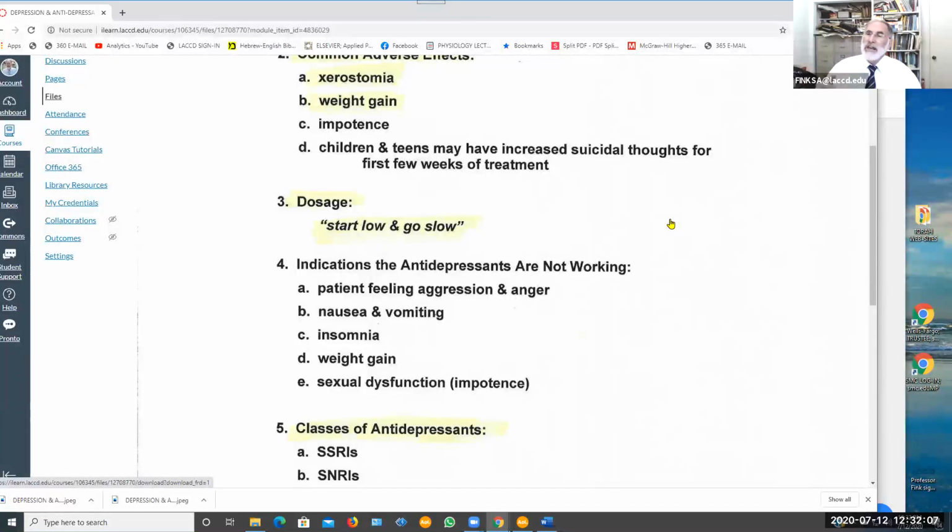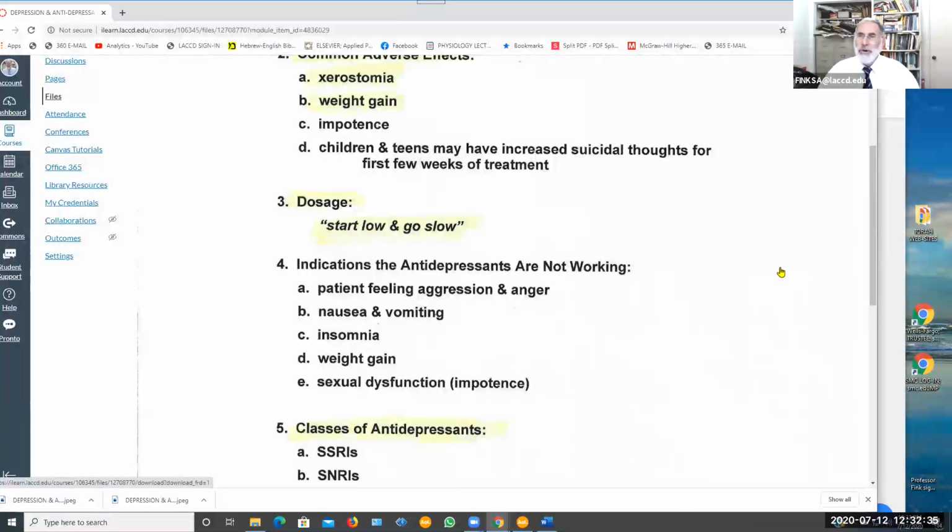And if they don't see an effect after a couple of weeks, before they switch to another alternative antidepressant, they will raise the dose. They start out low, and then they will gradually titrate to a higher dose. And only after trying a higher dose over a number of weeks or months will they possibly decide to try a different antidepressant medication or regimen.